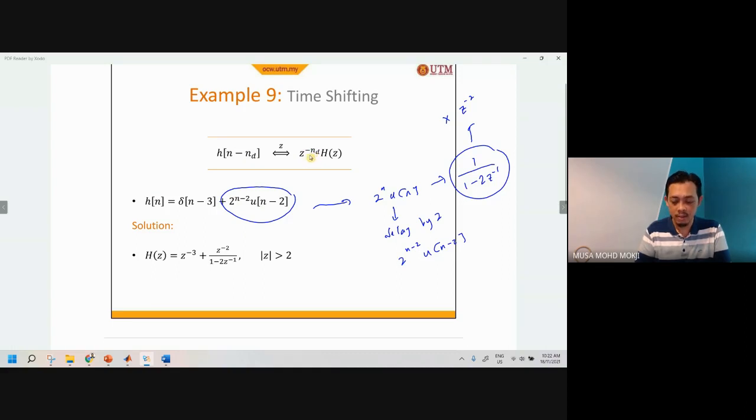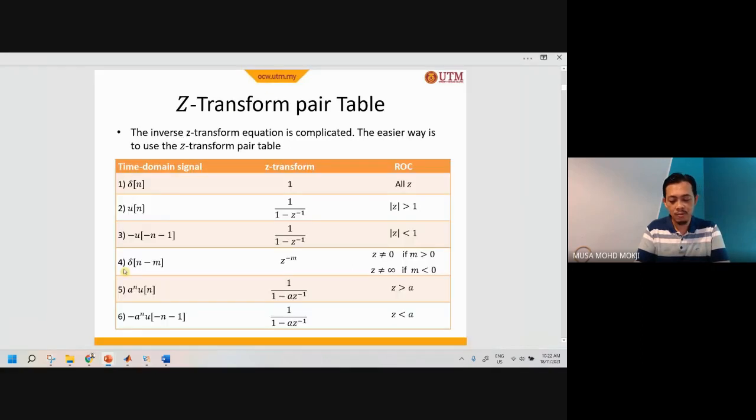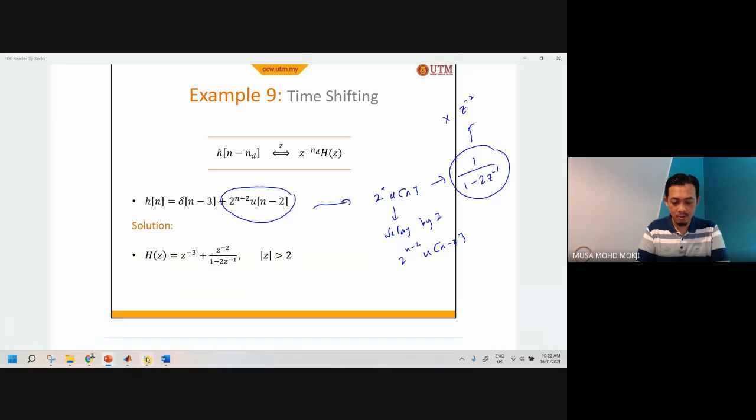Then this is delta[n minus 3], which we get from pair number 4, the first table. Straightforward, not a problem, not new. So you just get z to the power of minus 3. But for this one, if there is no delay, it's 1 over 1 minus 2z to the power of minus 1, but then you need to multiply with z to the power of minus 2.